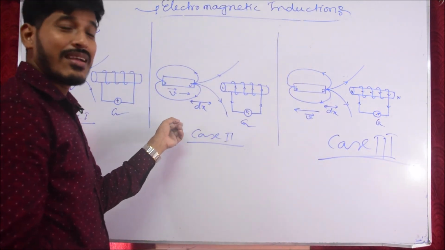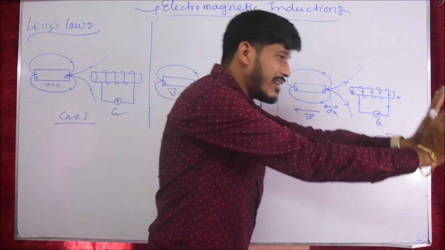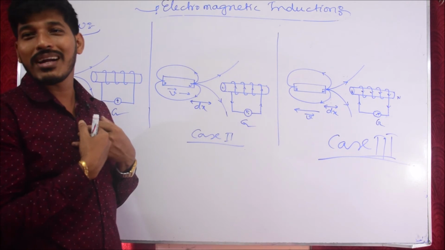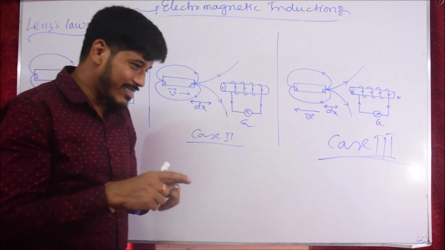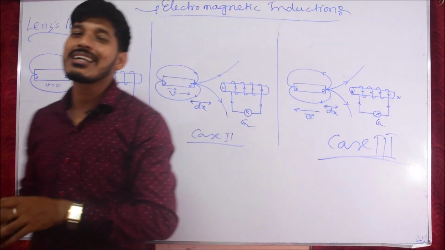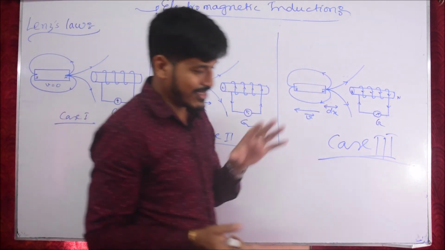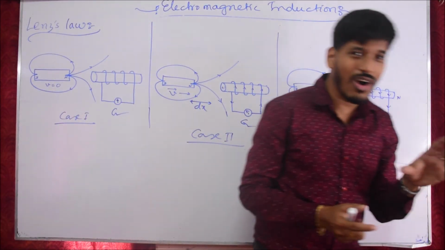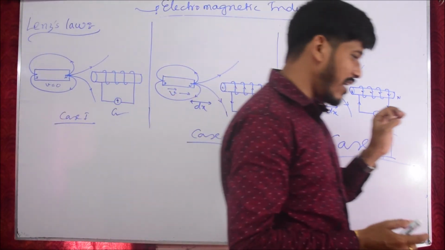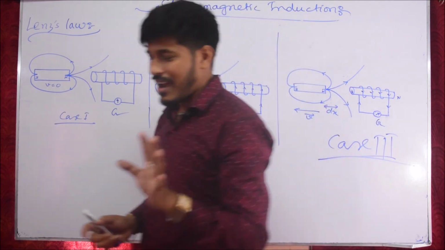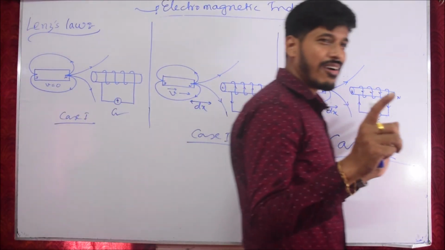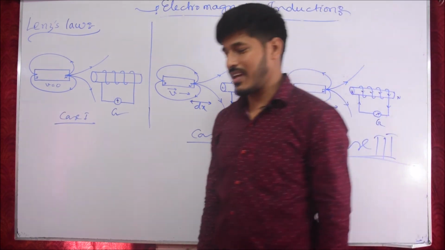The amount of work needed to take it in is needed again to bring it back. That amount of energy is conserved. That is, Lenz's law is in accordance with the law of conservation of energy. Understand now? Any doubt? Okay. Chalo.